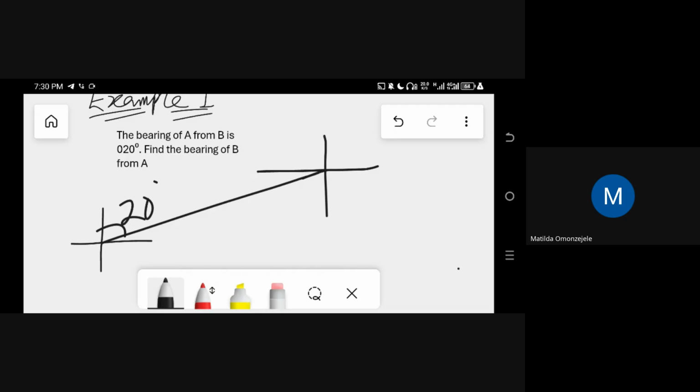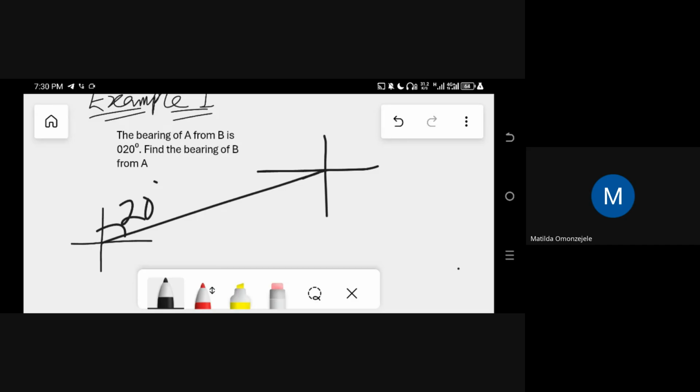One is A, one is B. They said the bearing of A from B is 20 degrees. So 20 degrees is in the first quadrant. That's why I drew that line from the first quadrant. And if you draw the line from the first quadrant, it will meet the other point at the southwestern part. That is this part where it meets the one at the top now.